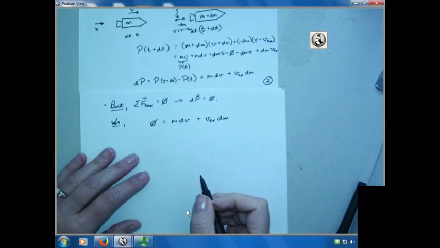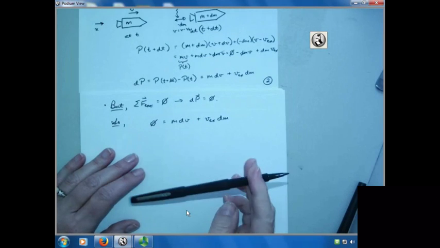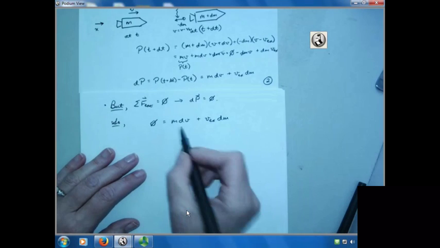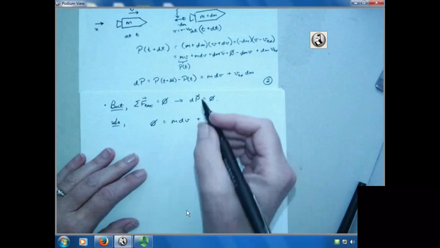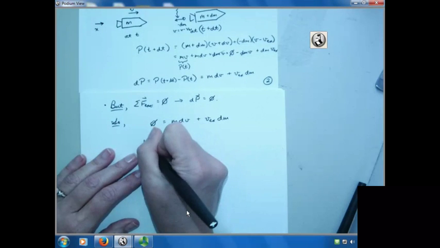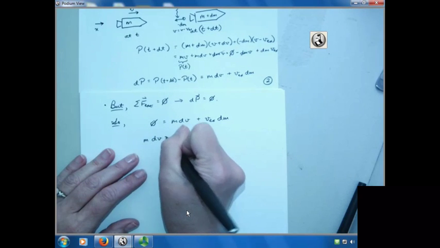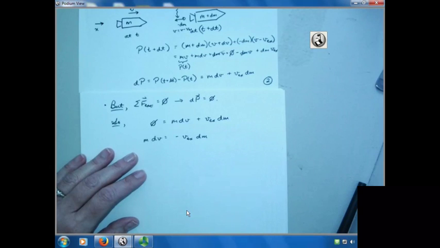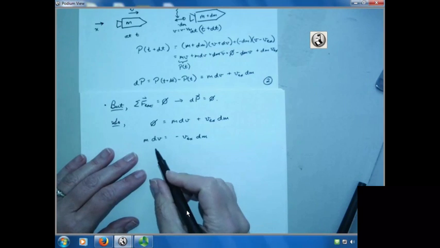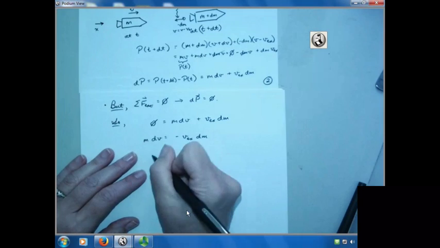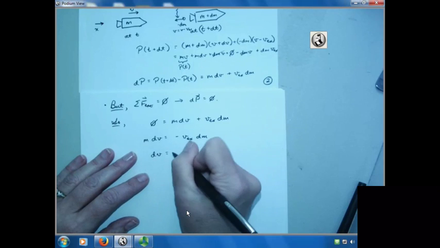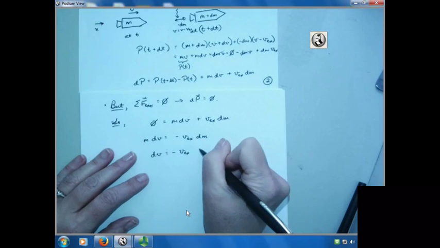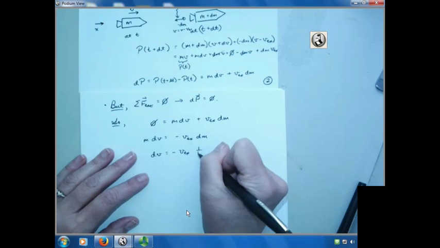All right. And I need to do a separation of variables, so I'm going to write this down. m dv is equal to minus v exhaust dm. And I'm going to just leave dv over here, minus exhaust speed times 1 over m dm.